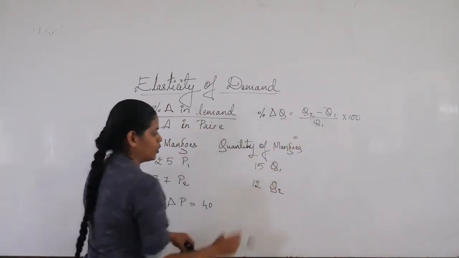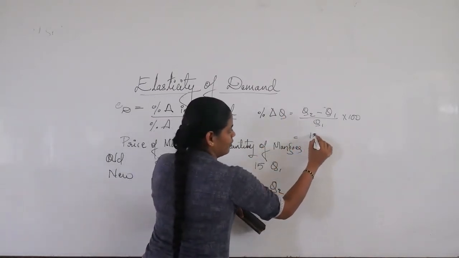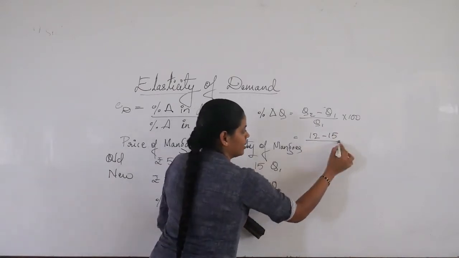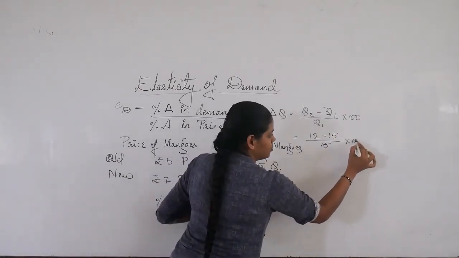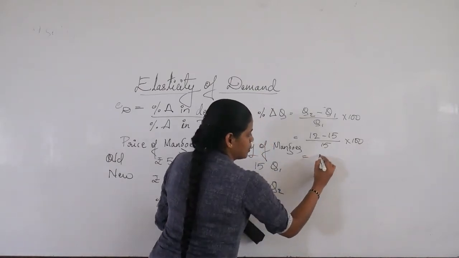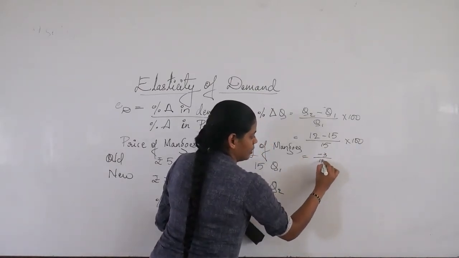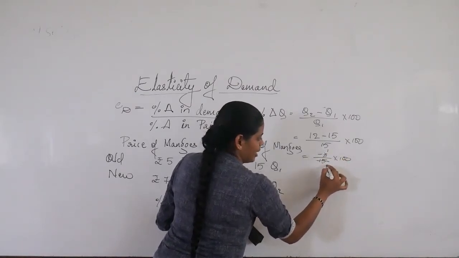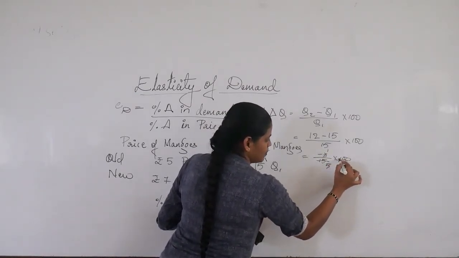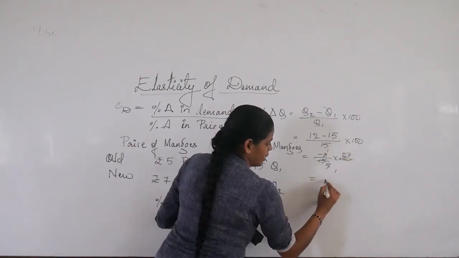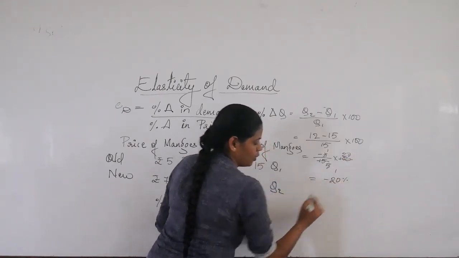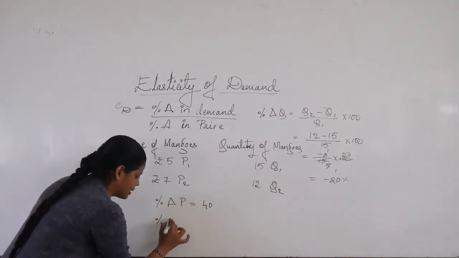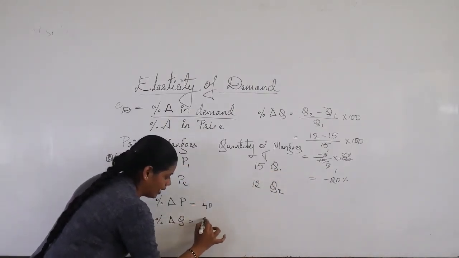So what is the new quantity? 12 minus 15, which is the old quantity, divided by 15 into 100. This becomes minus 3 divided by 15 into 100. 5 ones are 5, 5 fours are 20. So this becomes minus 20, which is the percentage change in the quantity.